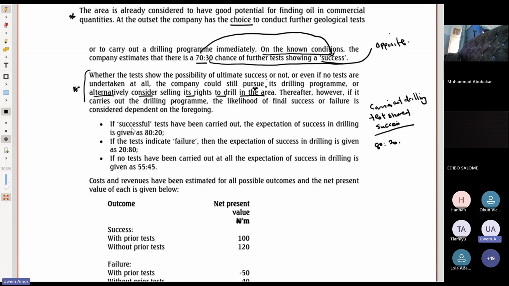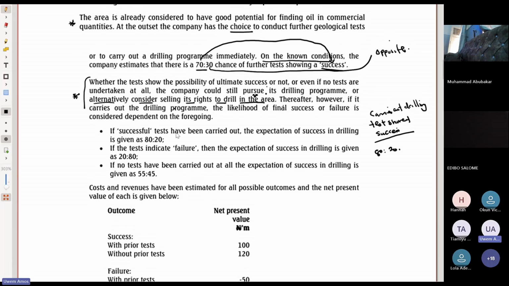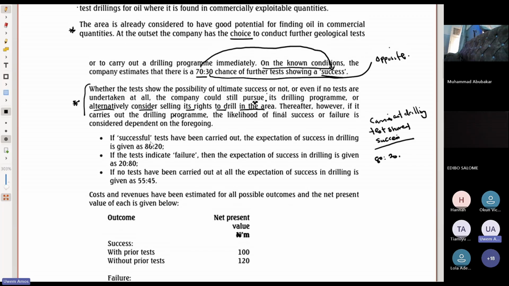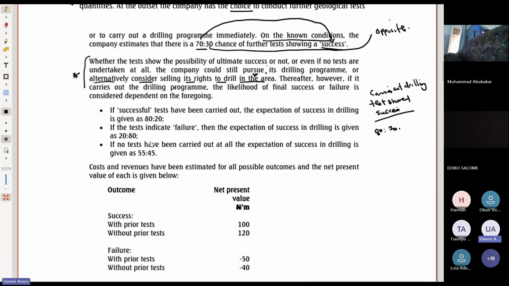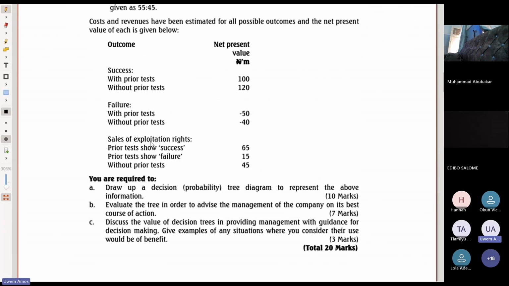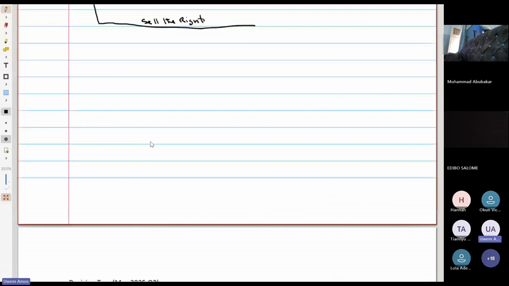If successful test, so you need to look at where we carry out the program, and on that same line, the test is successful. That's what we've just done. And then based on that, we're given an expected outcome of success as 80-20. So where do we carry out the drilling and where was the test successful?